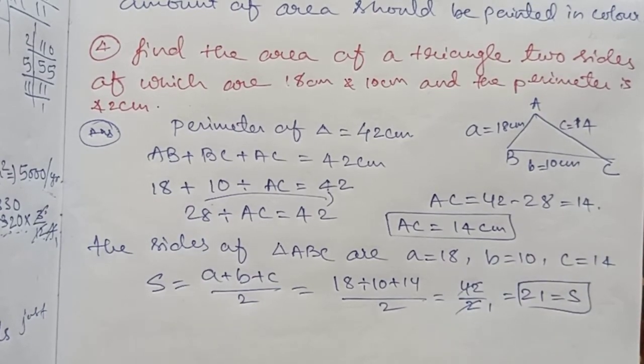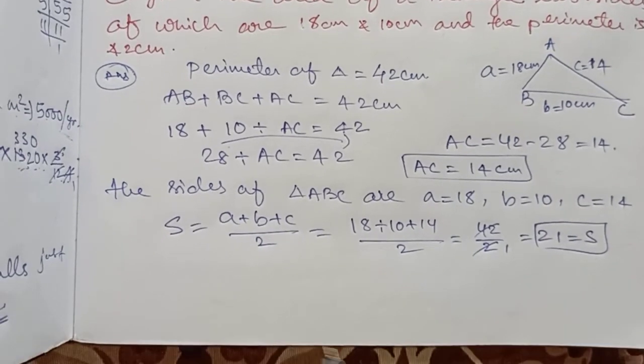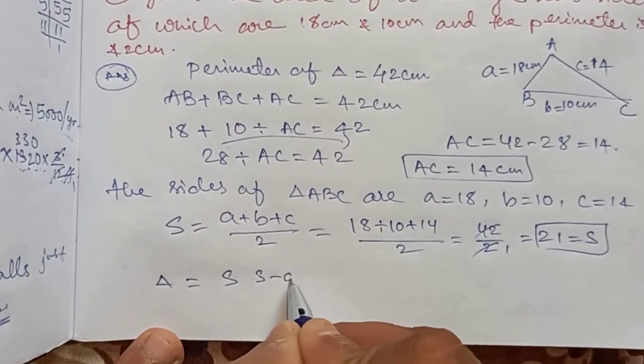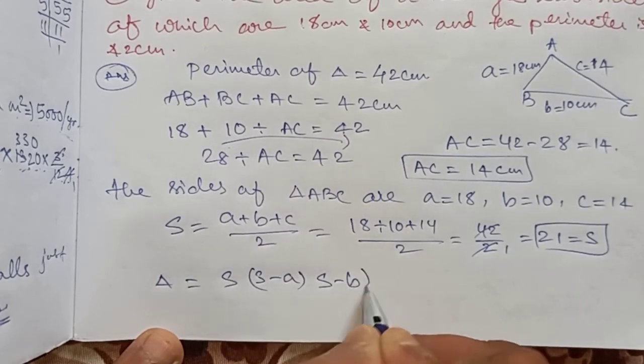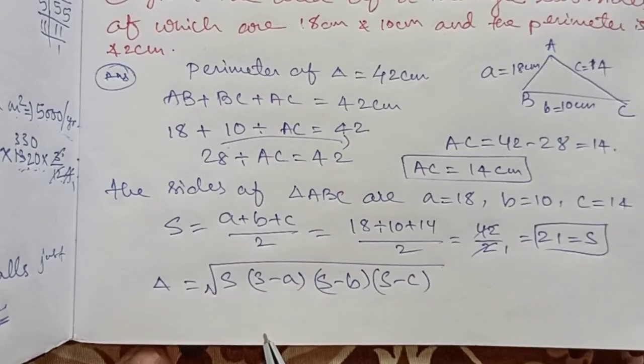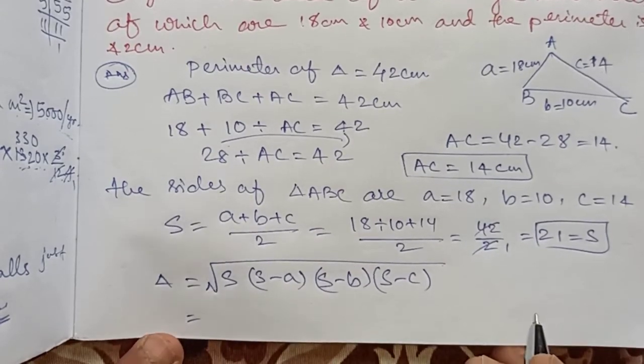Now we will use Heron's formula to find the area. Heron's formula is area equals to square root of S minus A, S minus B, S minus C. Okay, we will substitute the value.